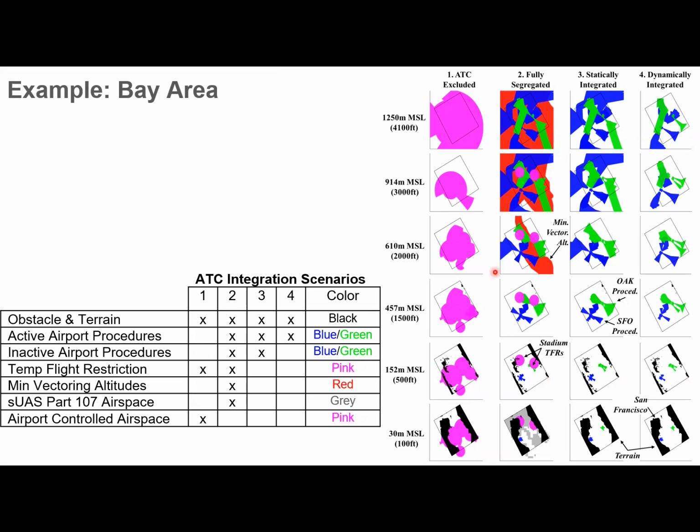I know there is too much on the single slide, but essentially in every column we have the four different concepts, and in every row we have different altitudes. At a very low level, the terrain and the buildings, of course, play a role. Nobody wants to fly into a building.